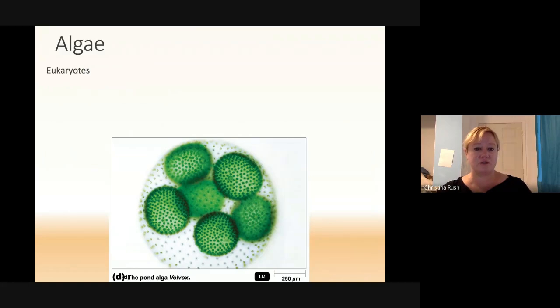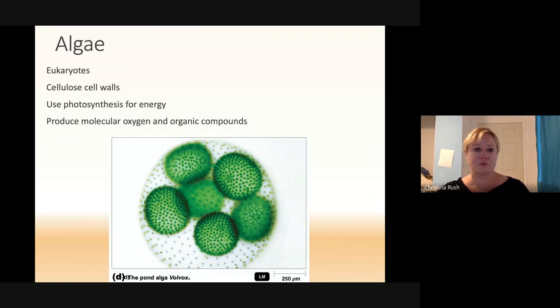Algae are also eukaryotes. They contain cellulose cell walls, and they use photosynthesis for energy. So obviously we find a lot of algae in water sources. One of the good things about algae is that they produce molecular oxygen and organic compounds.